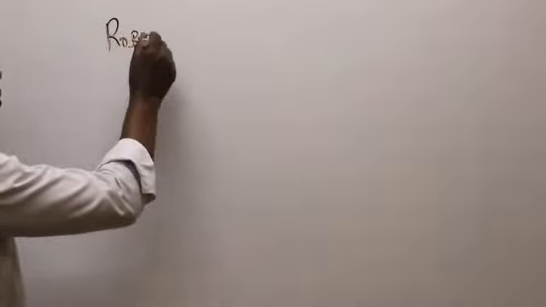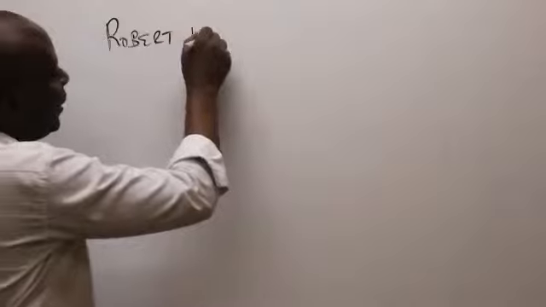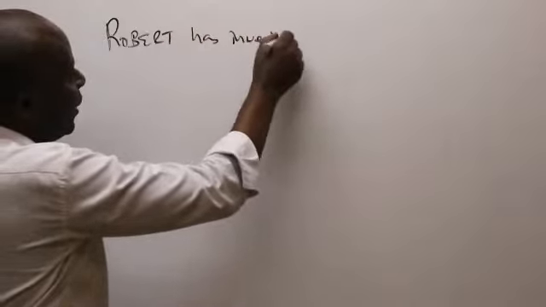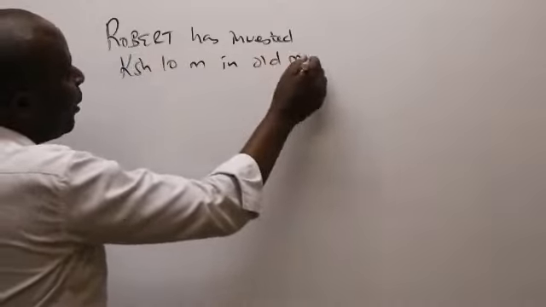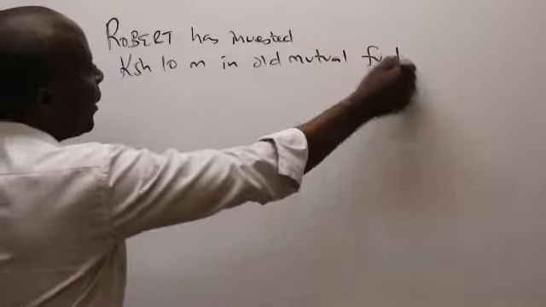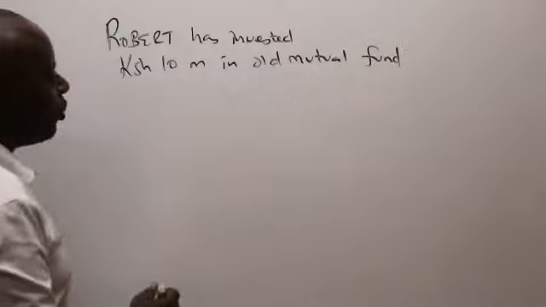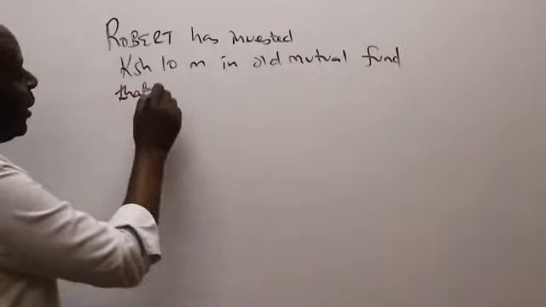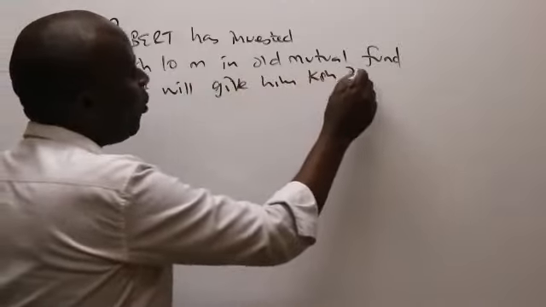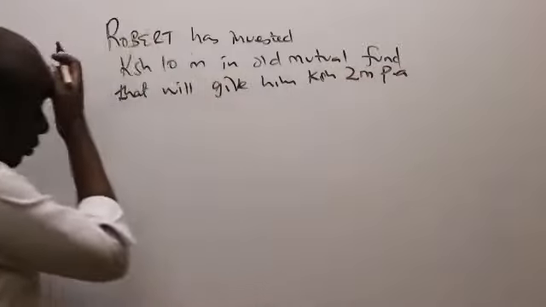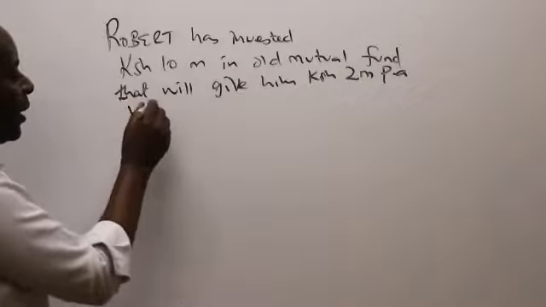What if in this case you are given this kind of question, where you are told Robert has invested Kenya shillings 10 million in an Old Mutual fund that will give him Kenya shillings 2 million per annum indefinitely.